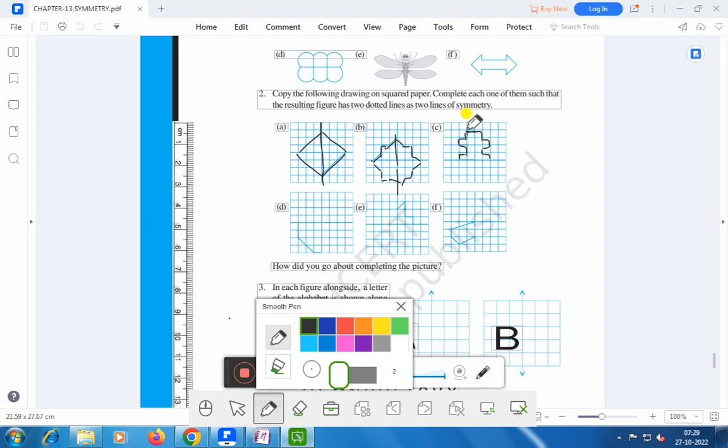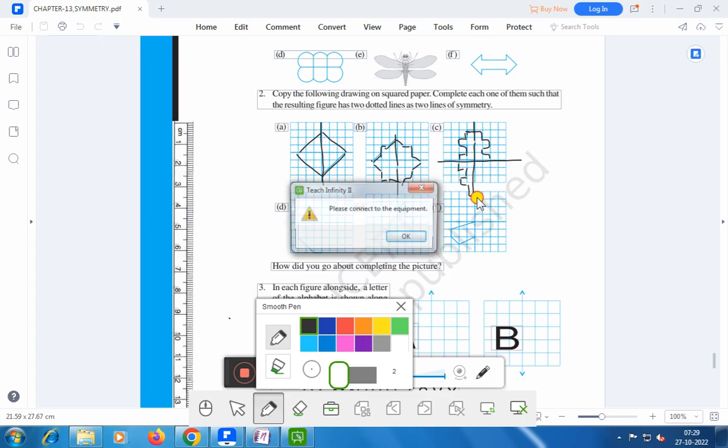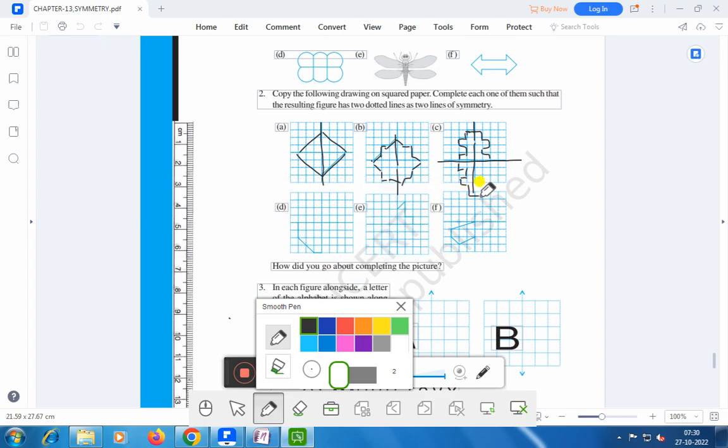This is vertical line of symmetry, and this is horizontal line of symmetry. Then the same we can draw like this, like this, like the same. It will be the same figure, right?